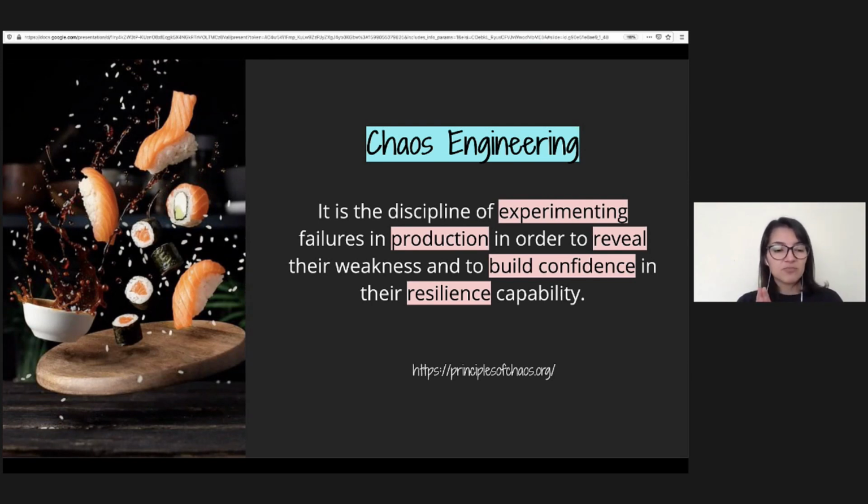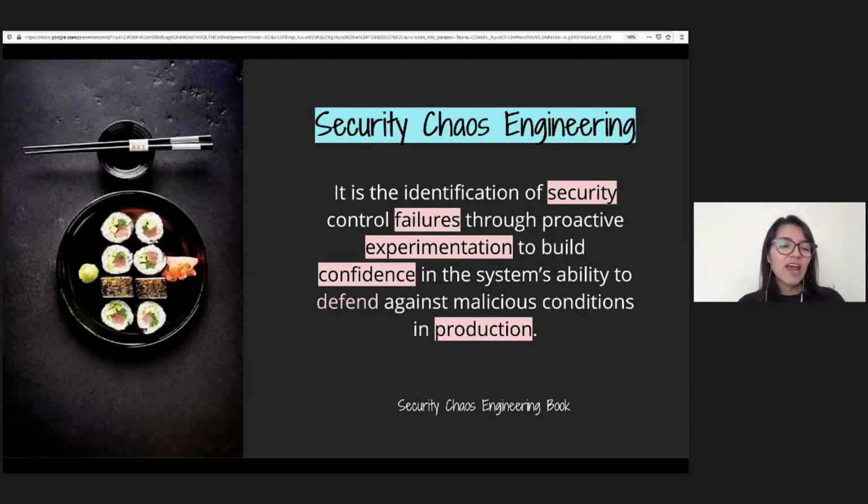And lastly, production, because the theory says that we should run our experiments in a production environment, although it should not be necessary, but it is the definition. So now we have an additional focus for mitigating cyber attacks. I am talking about security chaos engineering.